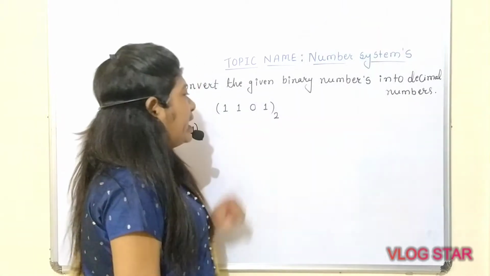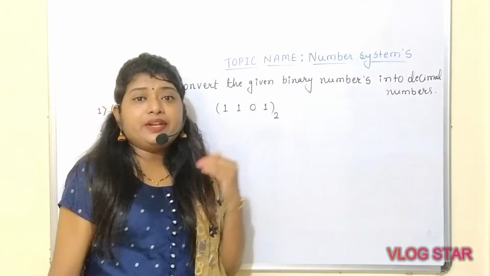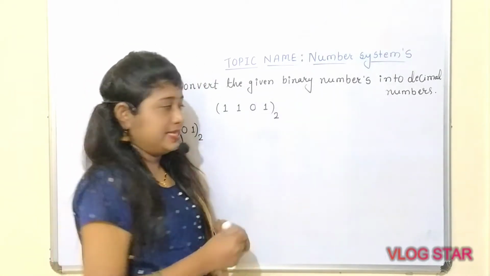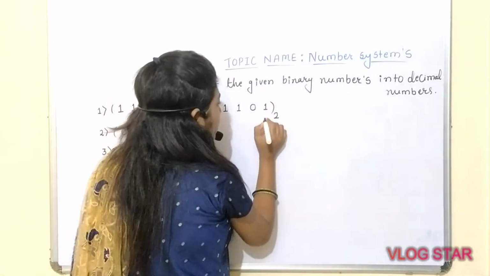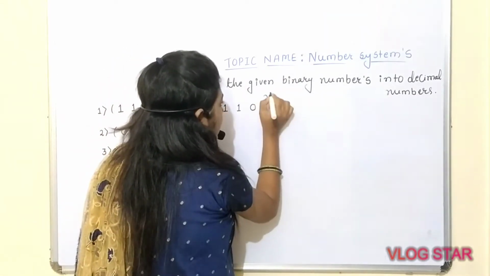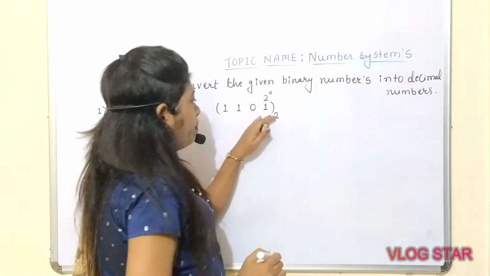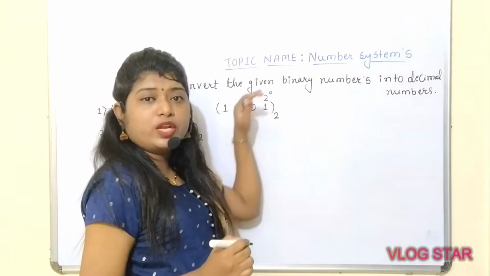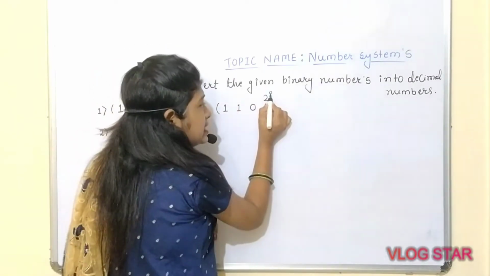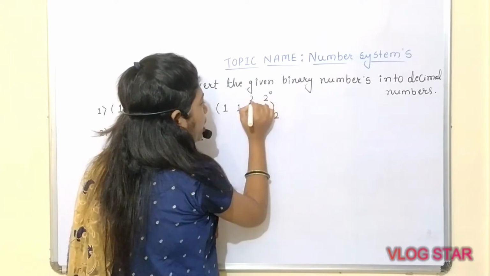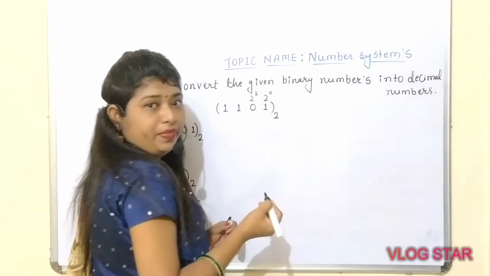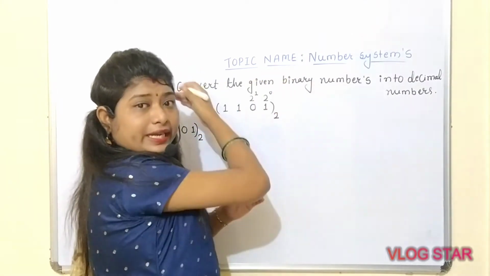Okay, so please pay attention over here. What is the trick that you need to apply in this case? So first you have to remember this digit. On the top of this digit, write down 2 raised to 0. Next term would be what? 2 raised to 1. You have to increase the degree.